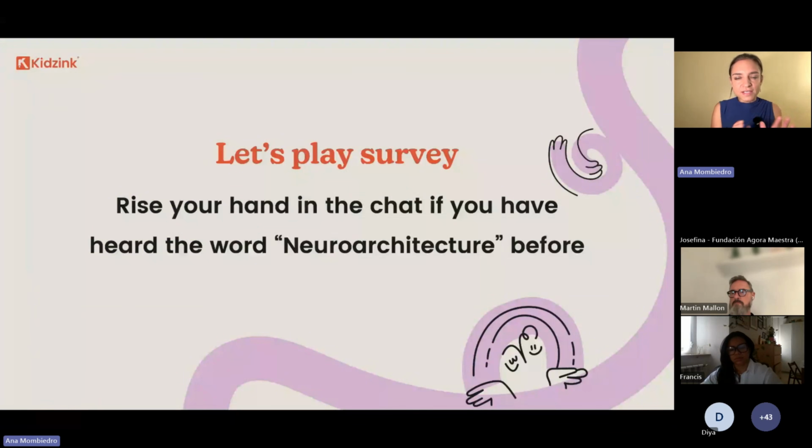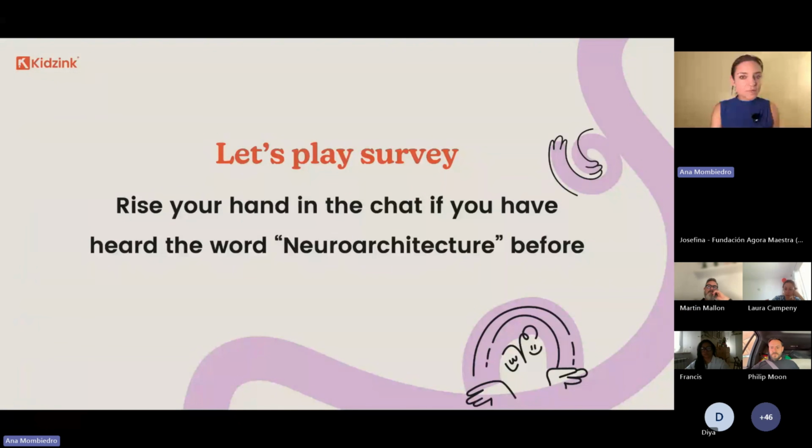But before we start, and I always like asking this question, have you ever heard of neuroarchitecture? Can you raise your digital hand so we can see how many of you have heard this word before? Okay, so I ask this question because we're in 2026. Back in 2019, 2020, almost nobody had heard about this field.